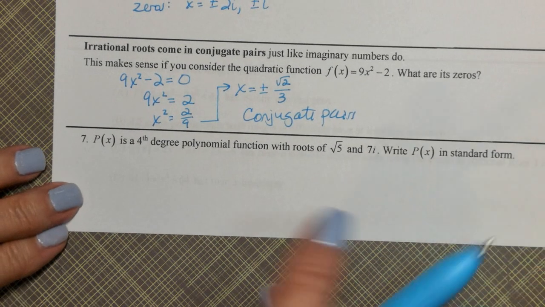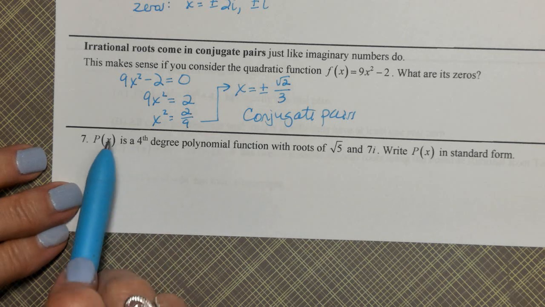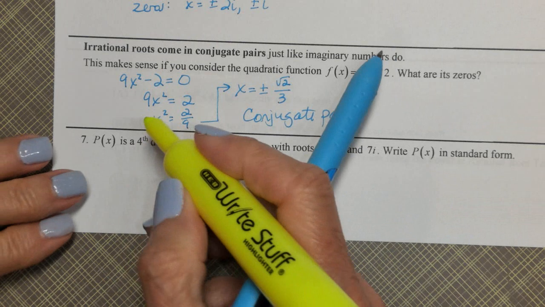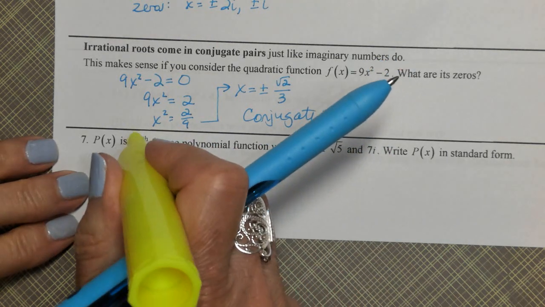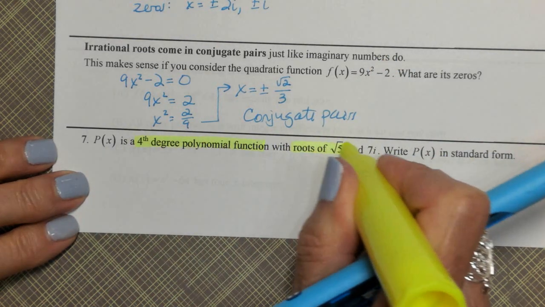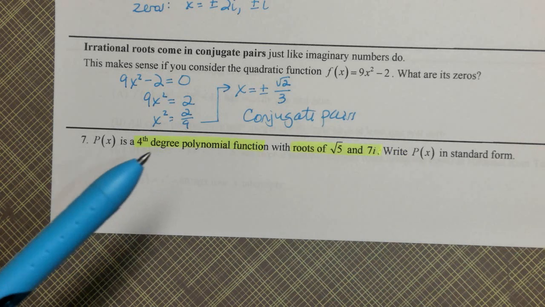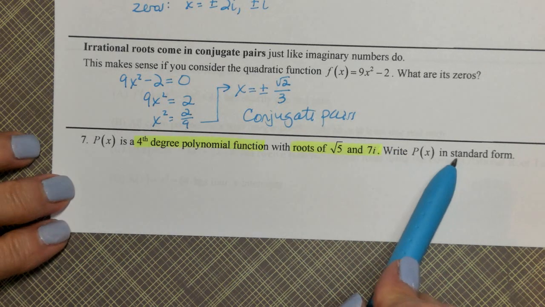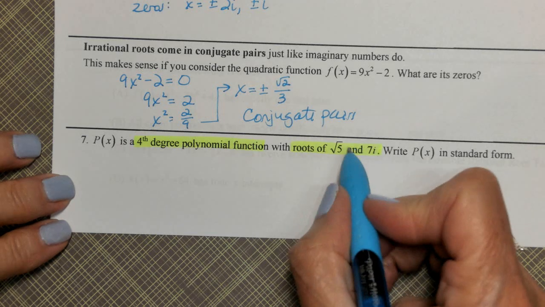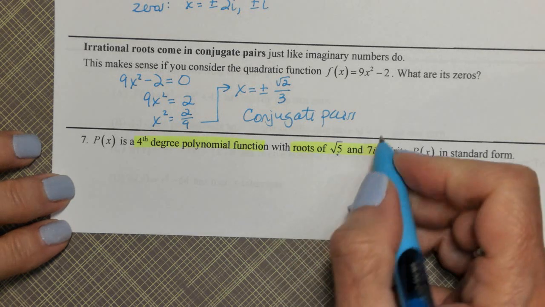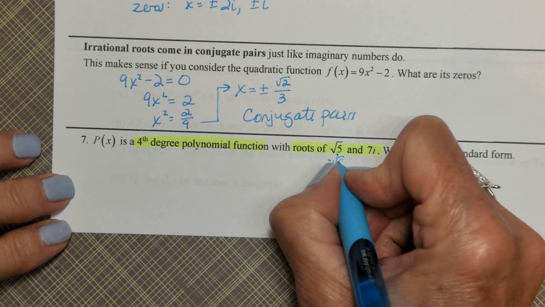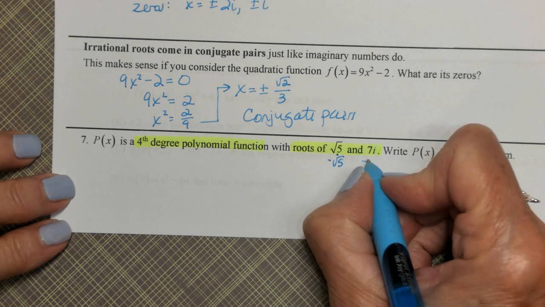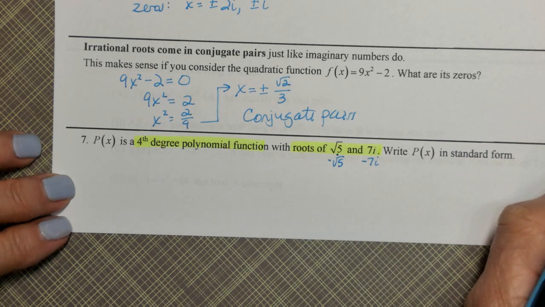Okay, so I'm telling you that p is a fourth degree polynomial function, and p has roots of square root of 5 and 7i. They ask us to write p of x in standard form. Well, if square root of 5 is a root, then negative square root of 5 must also be a root. If 7i is a root, then negative 7i must also be a root.